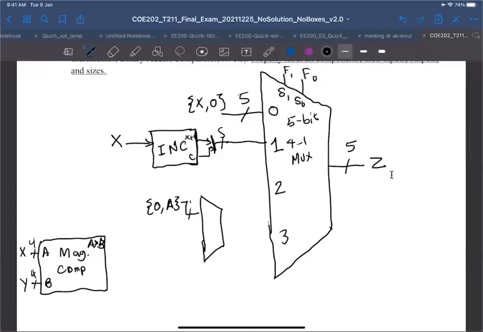This is a 5-bit 2-to-1 mux, and this is line number 0, and this is line number 1. This is A, and this is 5-bit for B. I forgot the 0 here. And then we hook it up to here.